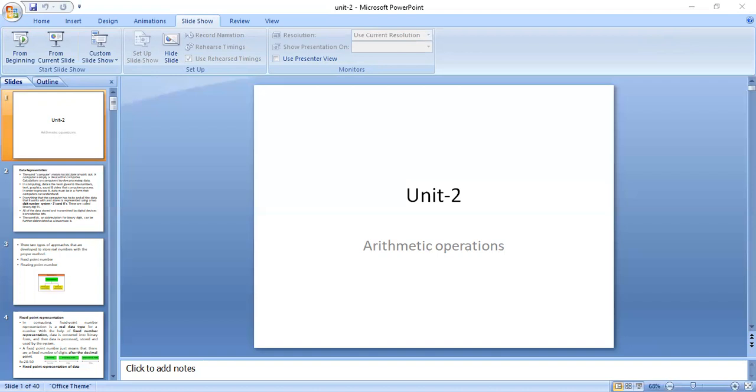So these things are explained in the previous video. Today I explain how the multiplication algorithm is performed in computers.